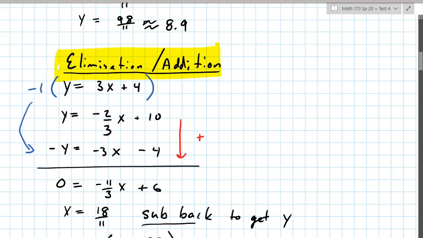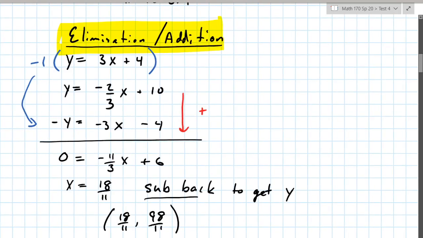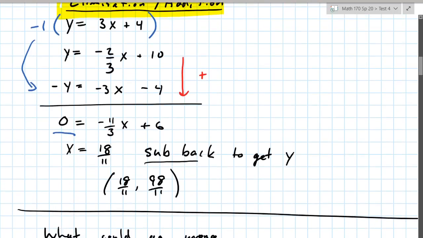Now I can add the two lines together in order to eliminate the y value. So y minus y is 0. Negative 2/3 x minus 3x gives me negative 11/3 x, and 10 minus 4 gives me positive 6.